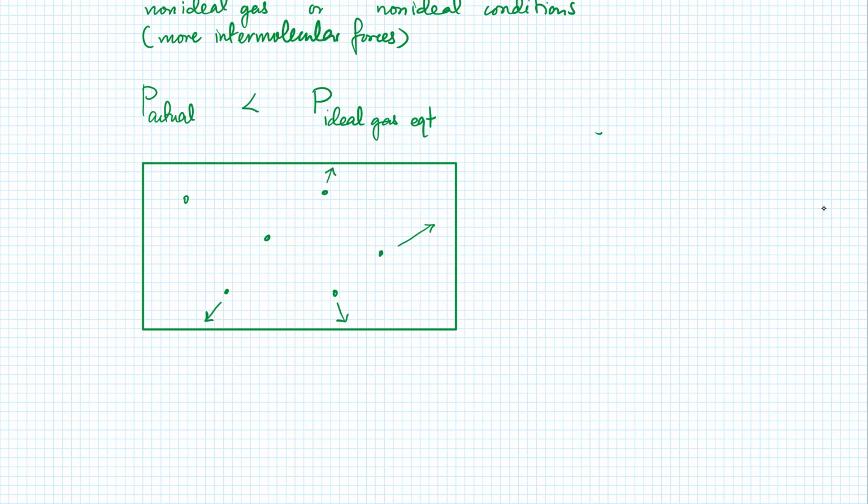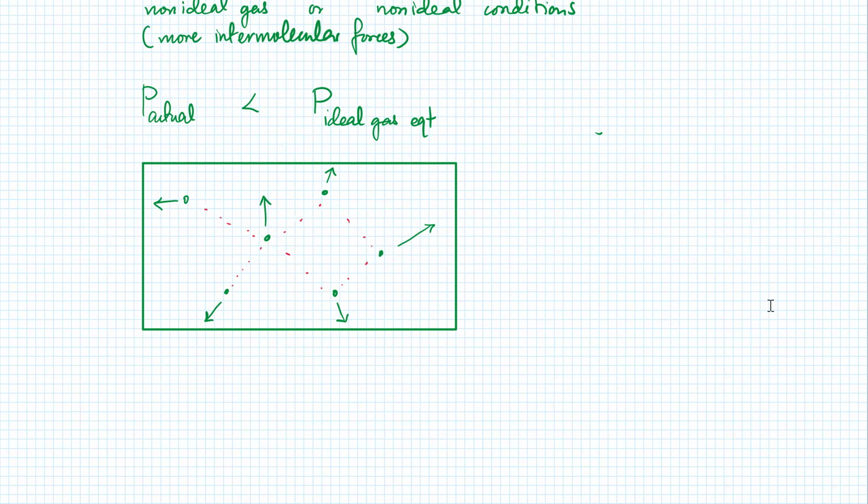Now, the ideal gas equation assumes that they don't attract each other. But in reality these particles are constantly attracting each other. They might have van der Waals forces, they might have dipoles, they might have hydrogen bonding.